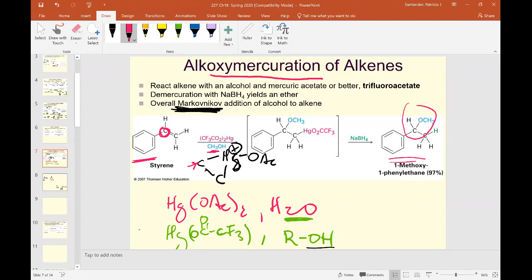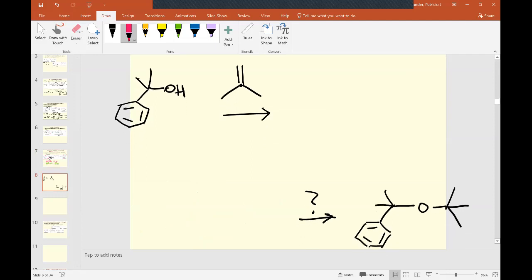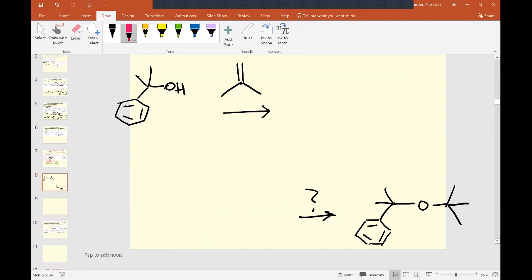So this method is particularly useful when you want to synthesize a compound that you cannot synthesize using the Williamson ether synthesis. For instance, this one here that I am circling in yellow, that compound will be problematic to synthesize using the Williamson ether synthesis.